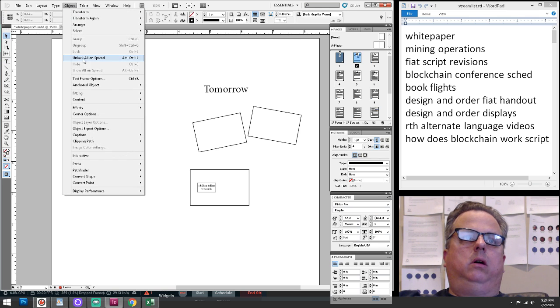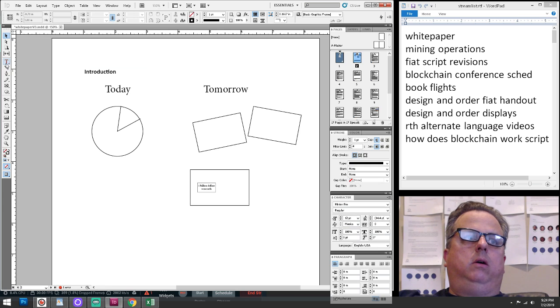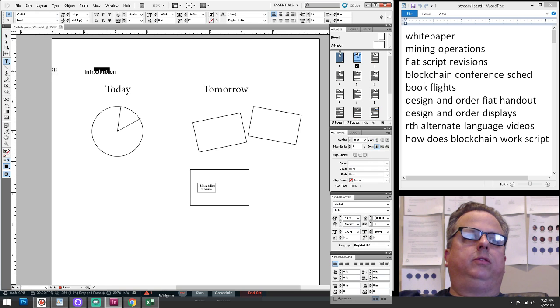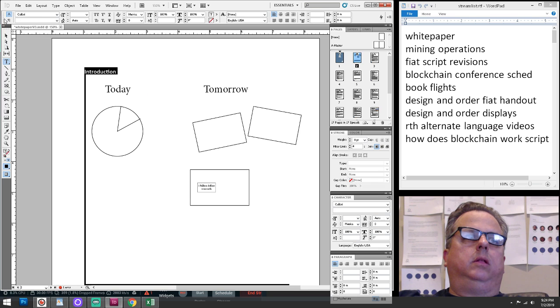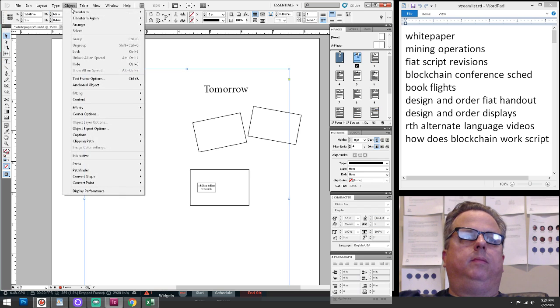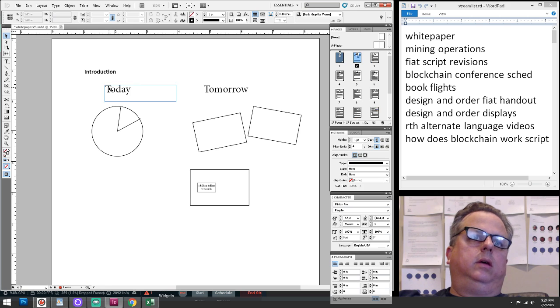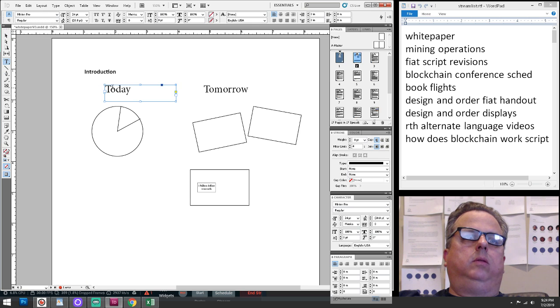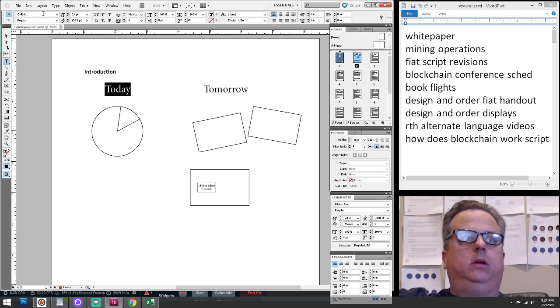Object, unlock all. And now let's grab this font. It's Calibri Bold. Let's lock it again. And then let's just fix some stuff.